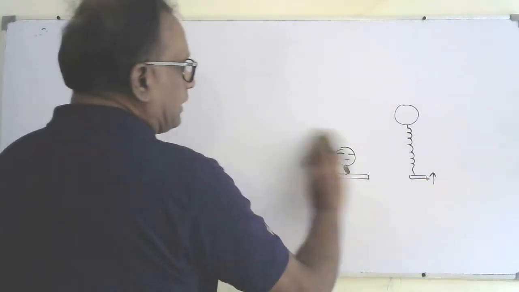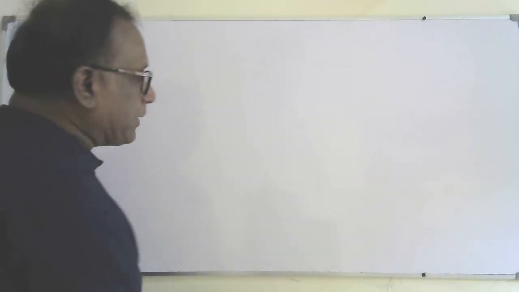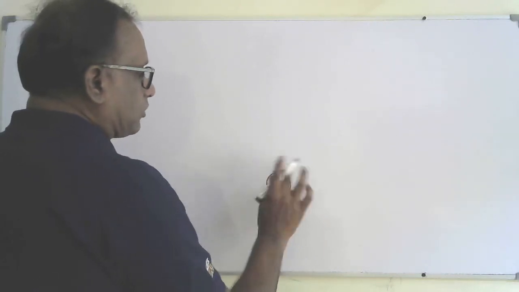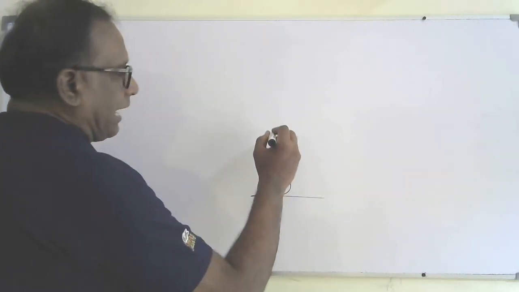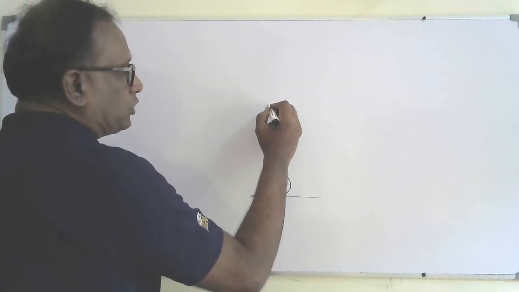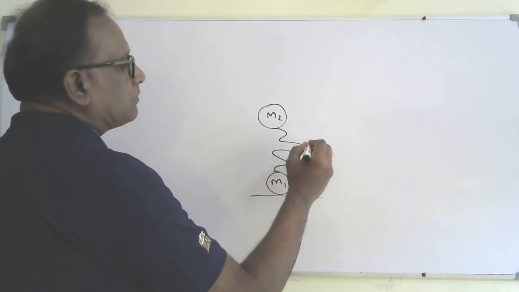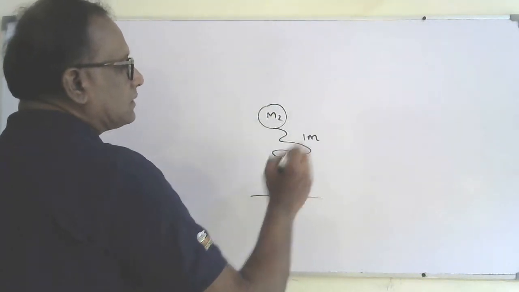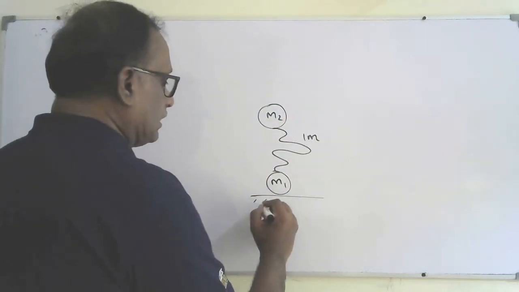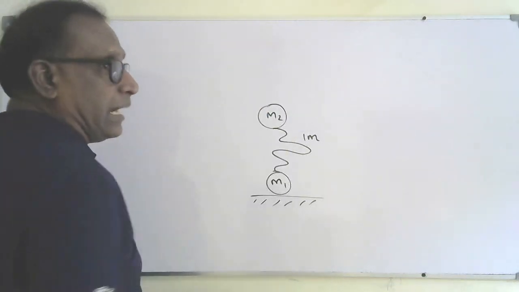Say for example, imagine a sphere of mass m1 is kept on the floor and you have another mass m2 connected by a string of length maybe 1 meter. This is the ground. Initially you are holding m2 closer to m1 and you throw it vertically upwards.